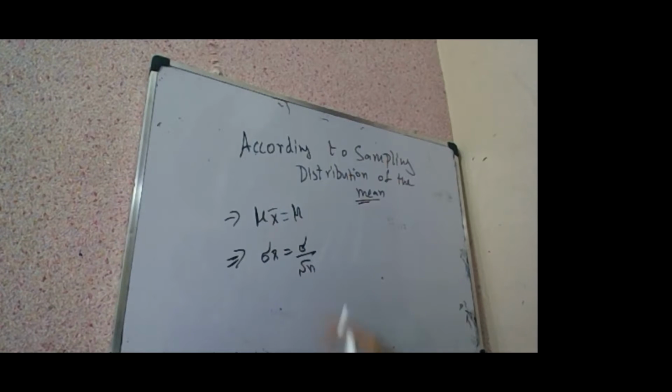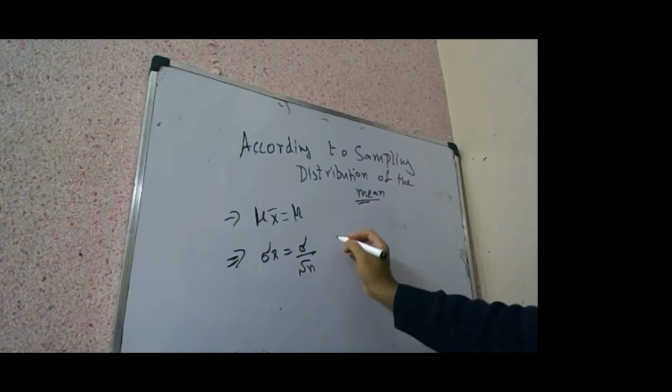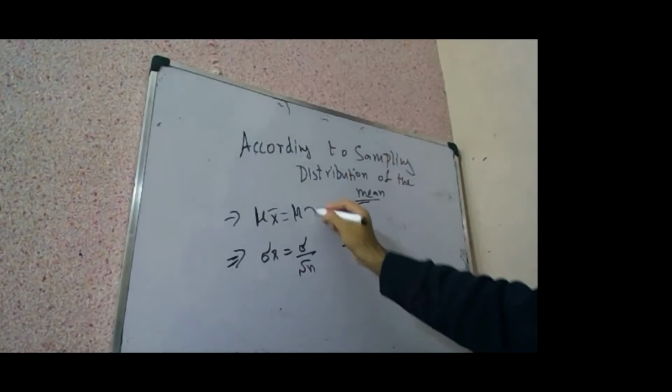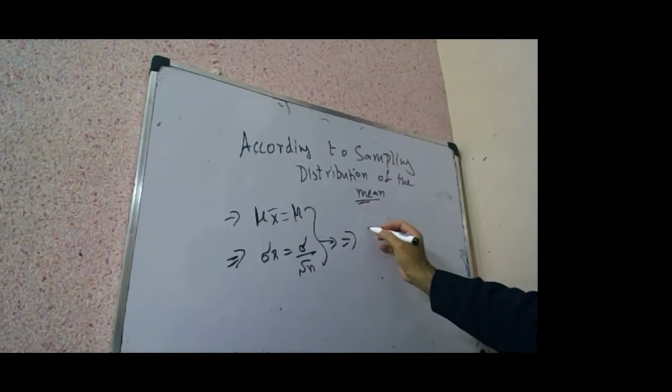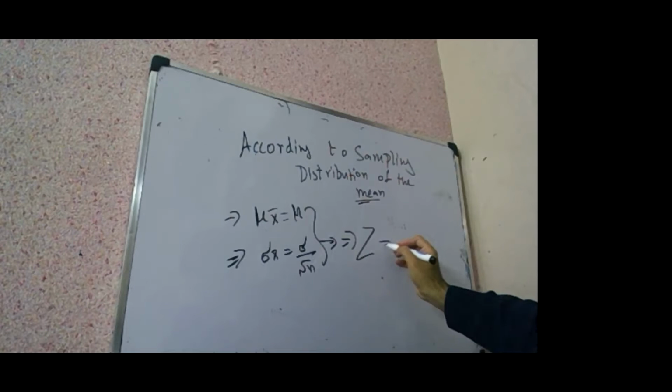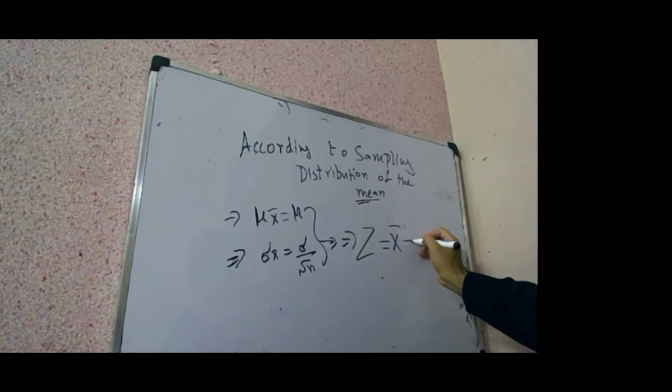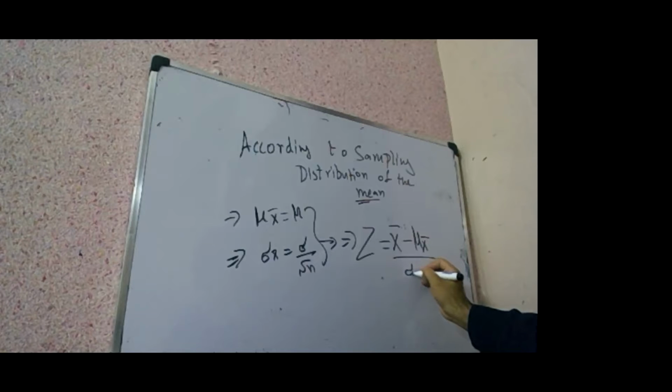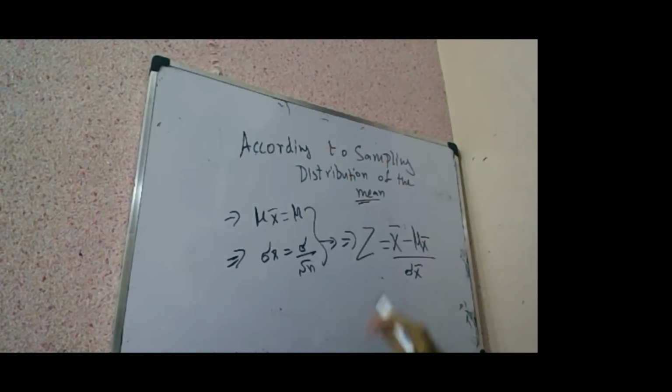So over here, what will be the z-score? The z-score will be x bar minus mu x bar upon sigma x bar. This is going to be the z-score of the sampling distribution of the mean, right?